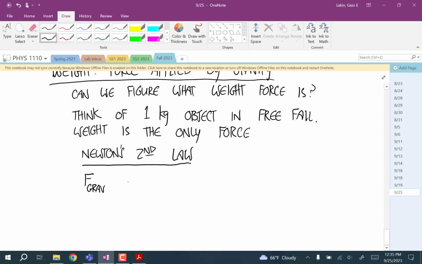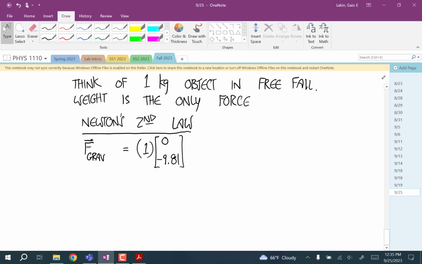And that is equal to the mass of the object, which we said is 1 kilogram, times the acceleration of the object, which is 0, negative 9.81. And so our gravitational force is 0 in the x direction and negative 9.81 newtons in the y direction.